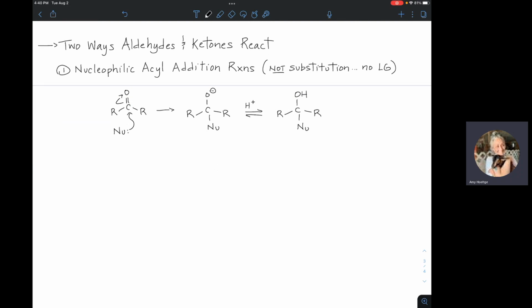The other way, and that'll be a separate video, we have a whole bunch of different nucleophiles. So for example, different types of nucleophiles can be carbon containing.